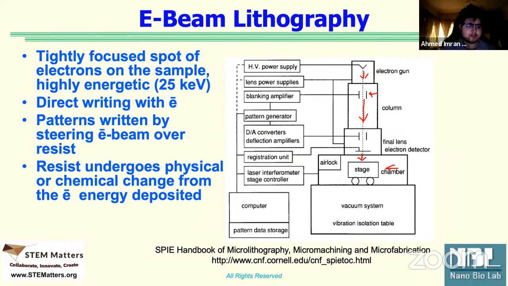It's like this is my paper, but this is not a pen, this is a beam. So we have these coils which will make it go whichever way, so it can write the pattern that needs to be written. The pattern is written in the resist, the E-beam resist in this case. So we can move the beam, or we can move the stage, the platform on which we have placed our wafer. So both can be done.